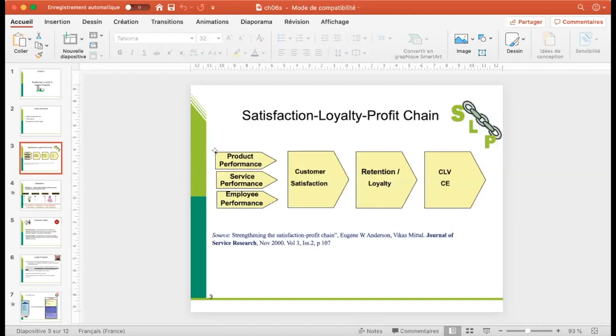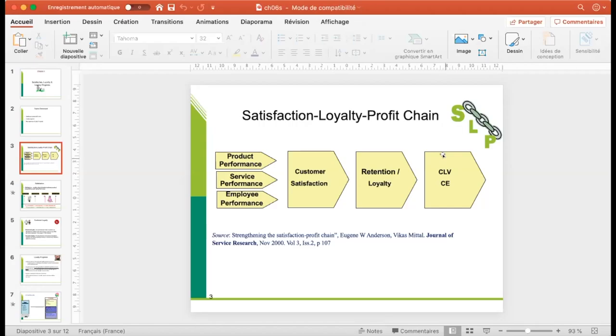We've seen that if the product performs, and the service and the employees perform higher than we expect, then we have satisfaction. If we experience satisfaction, then we experience behavioral loyalty and perhaps also attitudinal loyalty. Real loyalty is the combination of attitudinal loyalty and behavioral loyalty. And then the final concept: the higher the loyalty, the higher the customer lifetime value in terms of past profits and future profits.